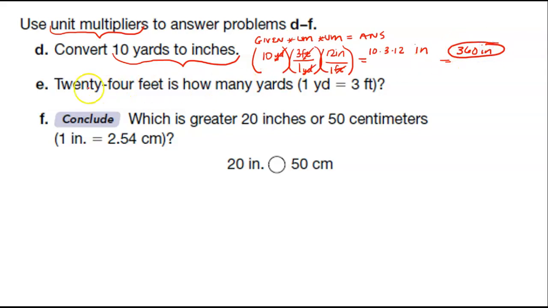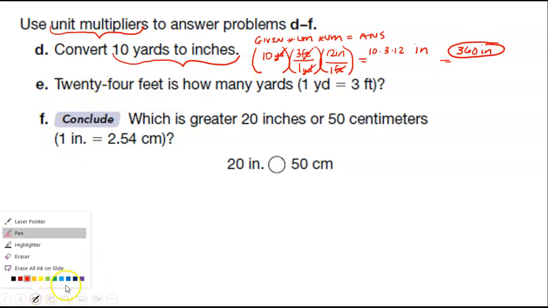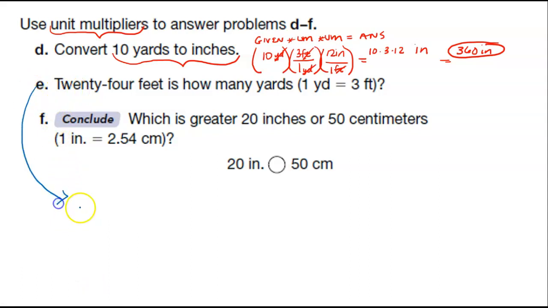Okay. All right, let me change colors here. And I'm going to have to come down here. 24 feet, so given times unit multiplier is how many yards? Oh, okay, so you just need 1 unit multiplier for this one. So 24 feet.